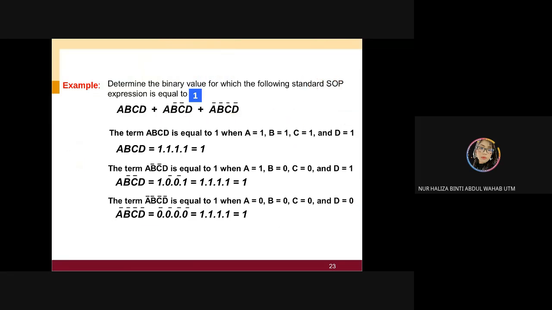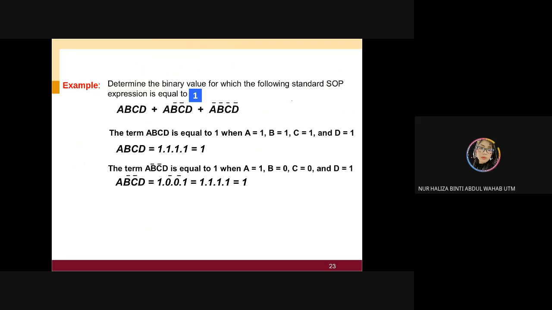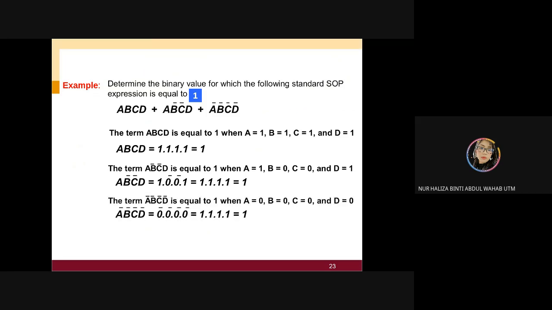But last time in your previous subtopic, you already looked into direct, which is if you have F equal to A, B, C, D plus A, B bar, C bar, D plus A bar, B bar, C bar, D bar. So you look into the bar over here. If there is no bar, it's going to get 1, 1, 1, 1. Whenever you have this input, your output will be 1. Over here, you have 1, 0, 0, 1 because this is 0.